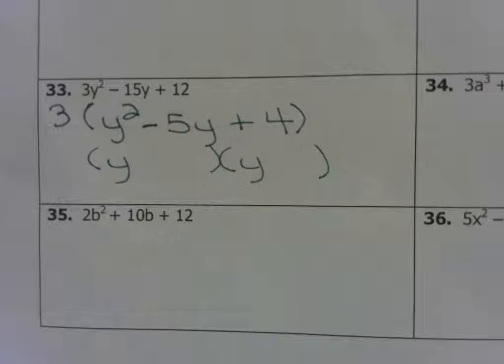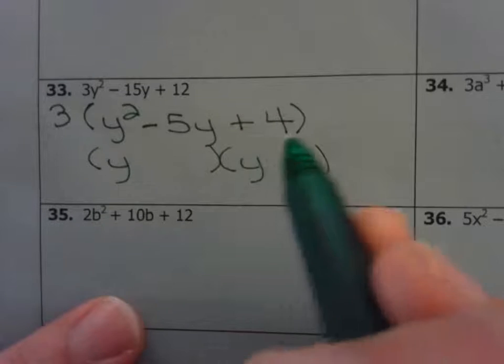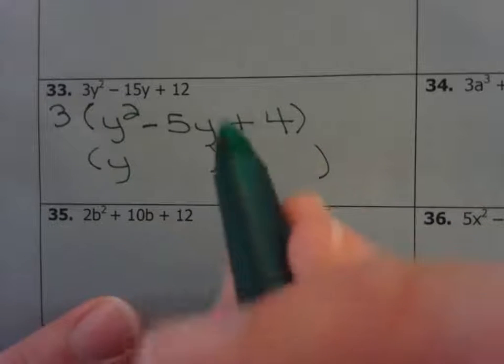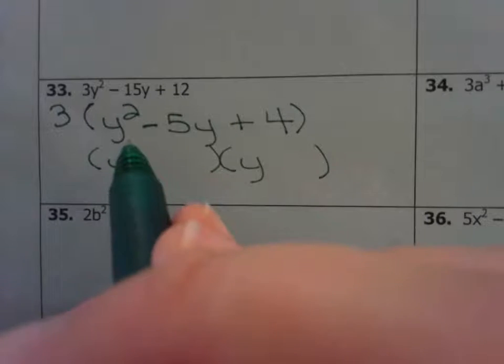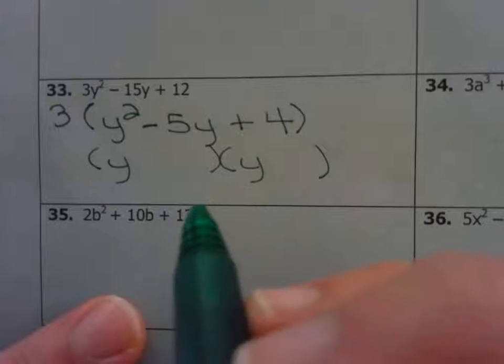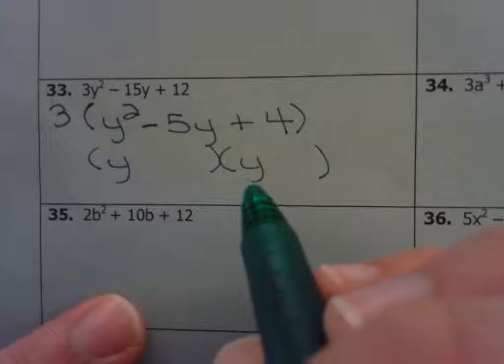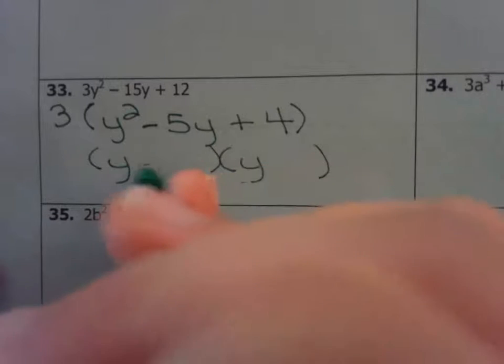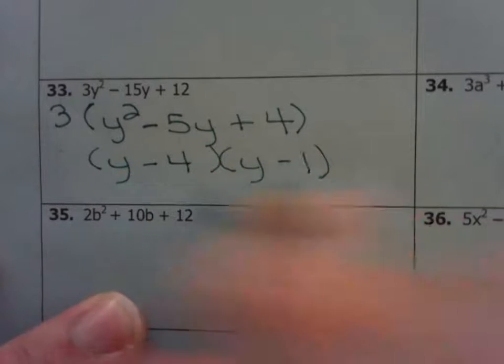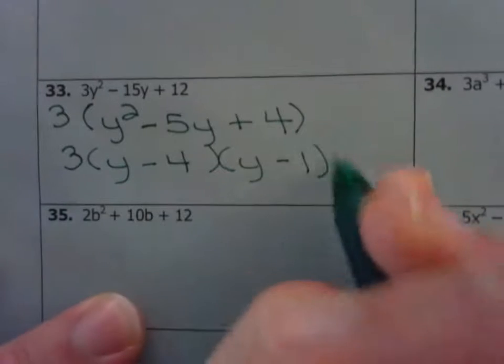And now I need to know 2 numbers that multiply to give me 4 and add to give me a negative 5. Now, if they have to multiply to give me a positive and add to give me a negative, my signs will both be negative. Negative 4, negative 1. Don't forget your GCF.